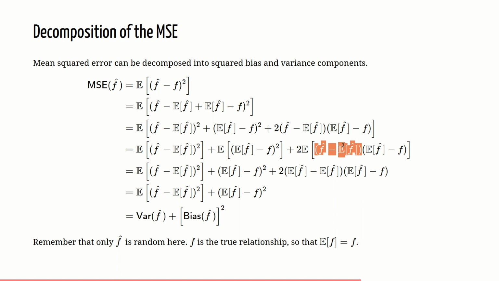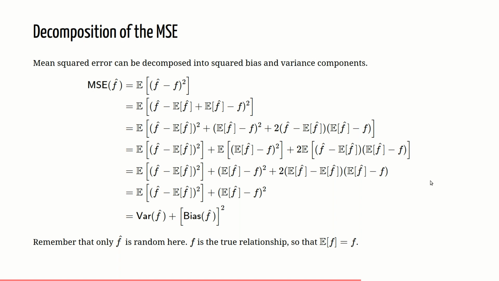And then again, this piece here is a constant, and so the expectation is just the expectation of f hat minus that constant. And when we do that, we see that we've got 0 here. And so this term drops away and we just get these two sums. Okay, so the purpose of adding and subtracting in here was so that we got that cancellation down there.